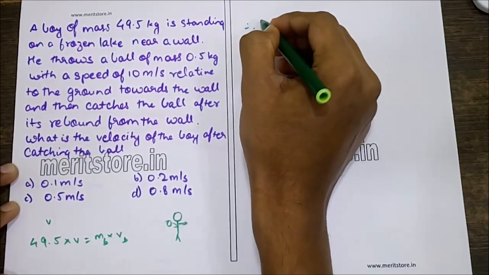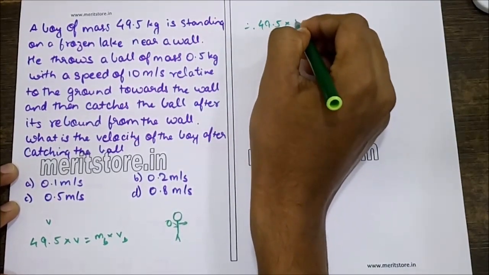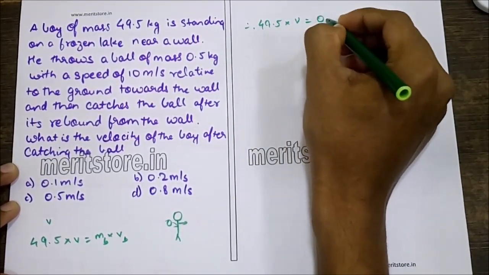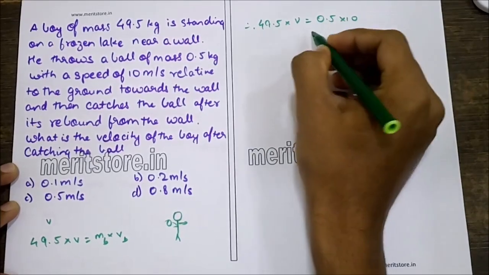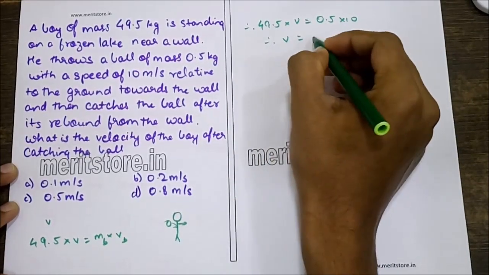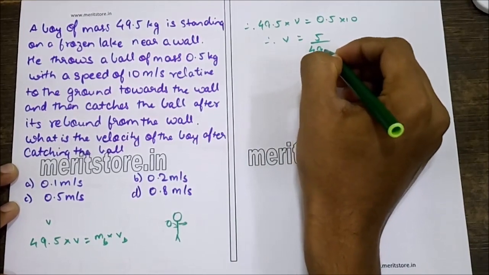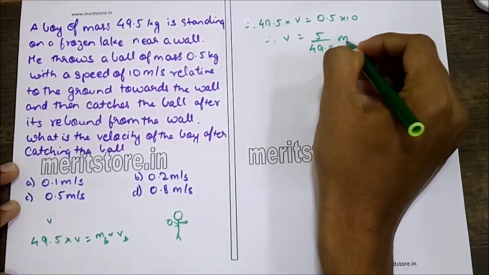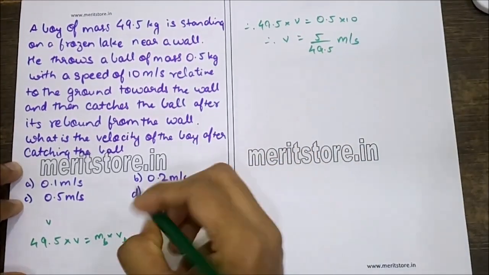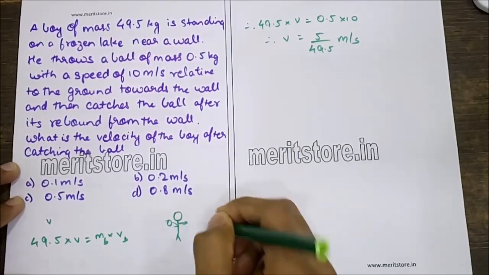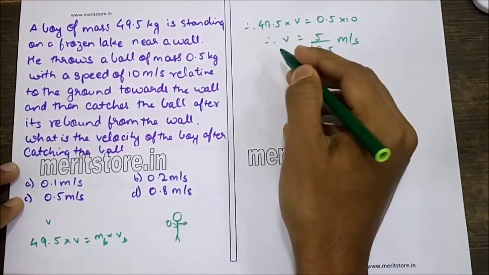Therefore, 49.5 times v is equal to 0.5 into 10. Therefore, v is equal to 5 upon 49.5 meters per second. Now, this is the velocity that the boy experiences when he throws the ball.